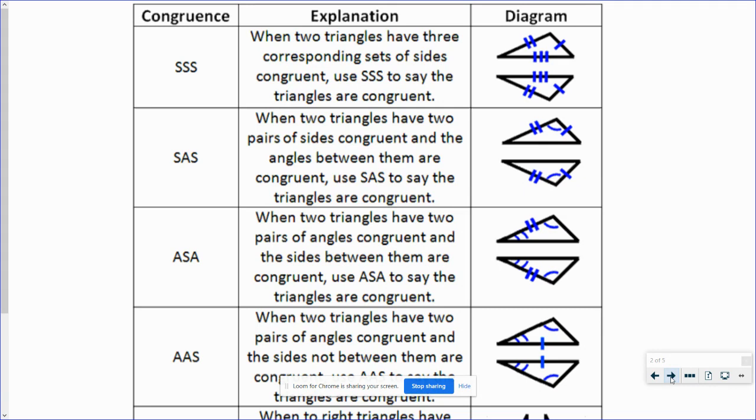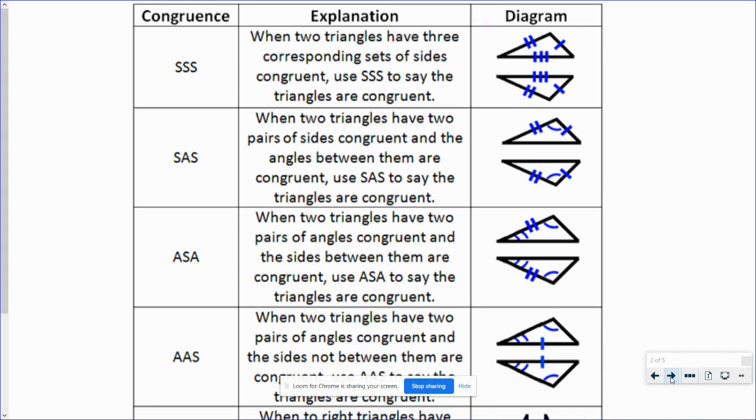Okay, so make sure to download that if you want it. All right, let's start going through these. The first type is called side-side-side congruence, and we abbreviate that with SSS.